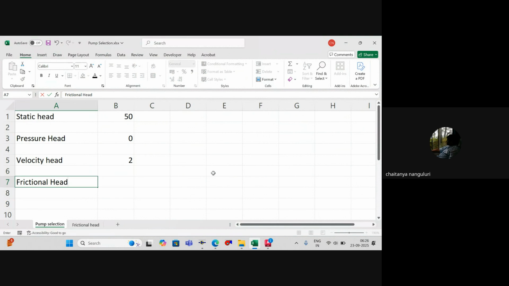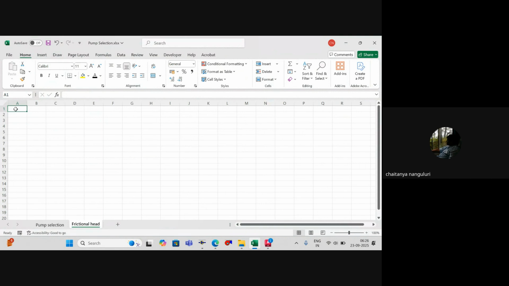Frictional head. We will calculate frictional head due to straight pipe, due to pipe fittings, and then due to pipe accessories.